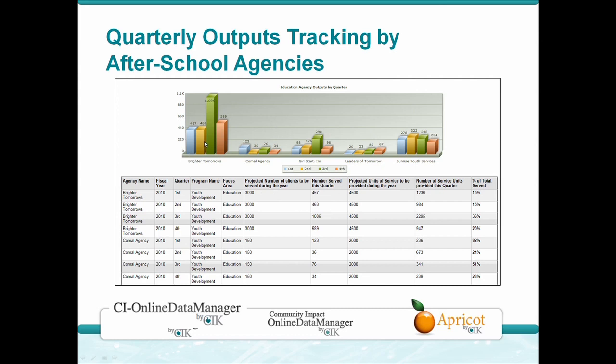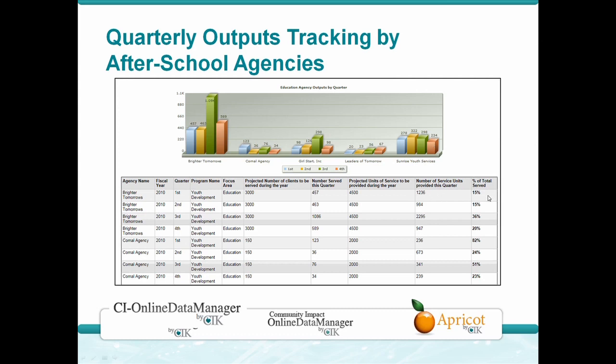You can also look at it graphically, so you can see how the agencies are doing relative to the number of youth that they said they would serve and the number of units of service, so that you can track that. This is answering that question: how productive are they? If the goal is to serve 3,000 kids, we want to make sure that this agency is on track.